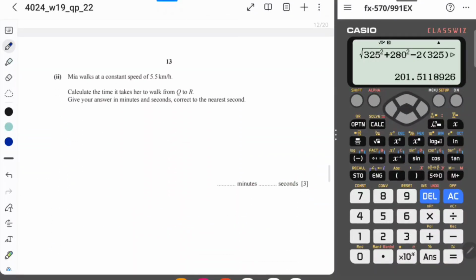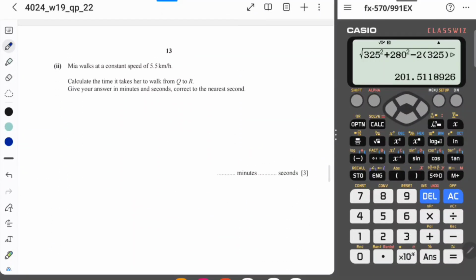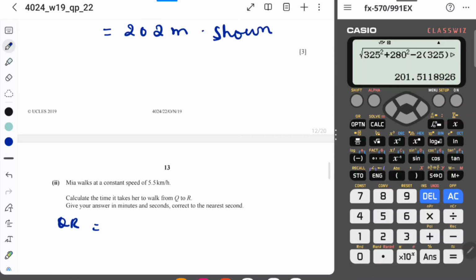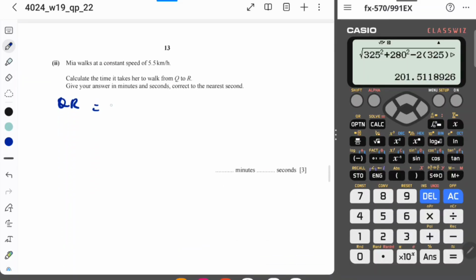Part 2. Mia walks at a constant speed of 5.5 kilometers per hour. Calculate the time it takes to walk from Q to R. Give your answer in minutes, and in seconds correct to the nearest second. The distance QR we have already found, that is 202 meters, but the speed is given in kilometers per hour.